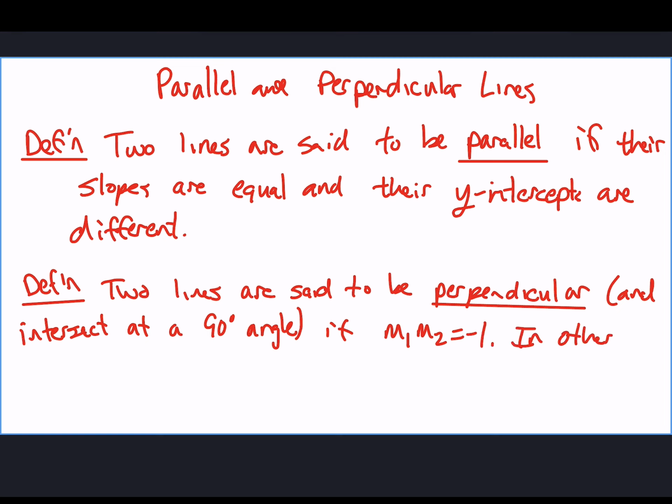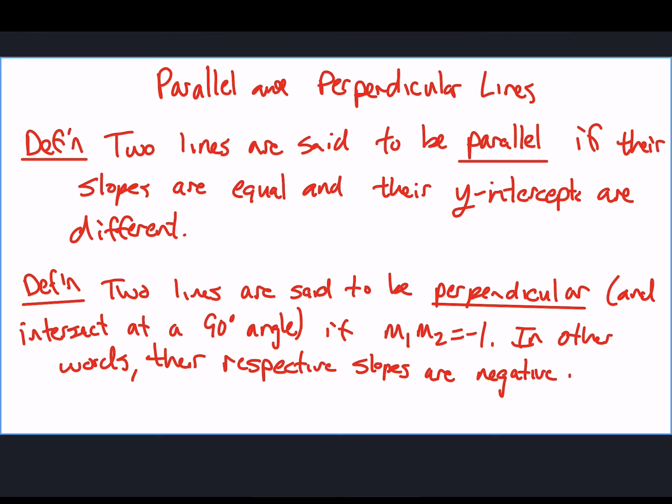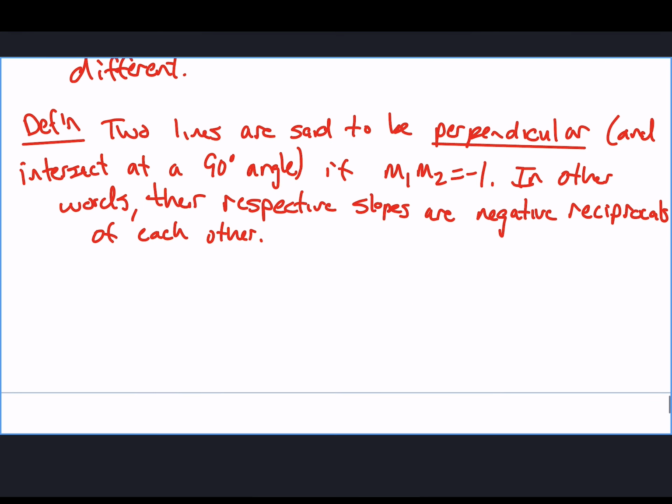In other words, their respective slopes are negative reciprocals of each other.